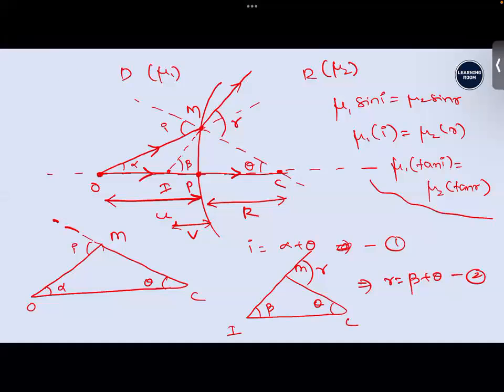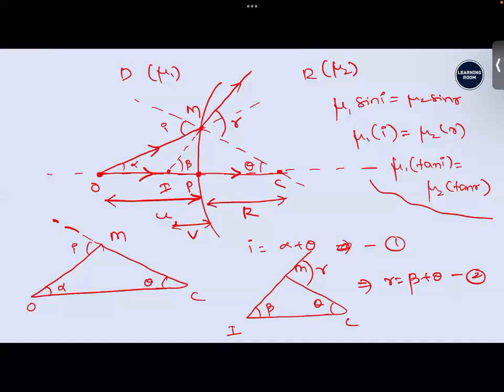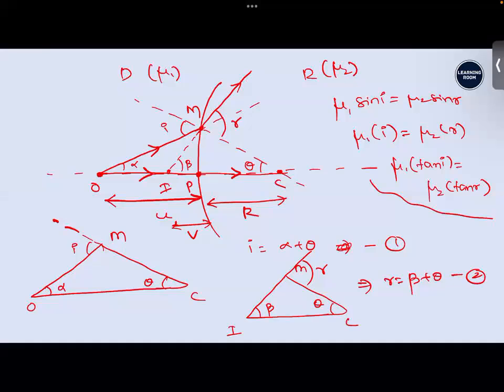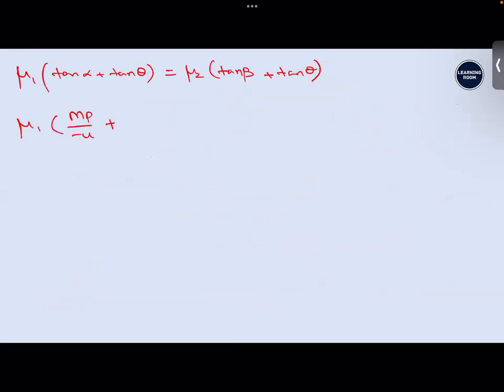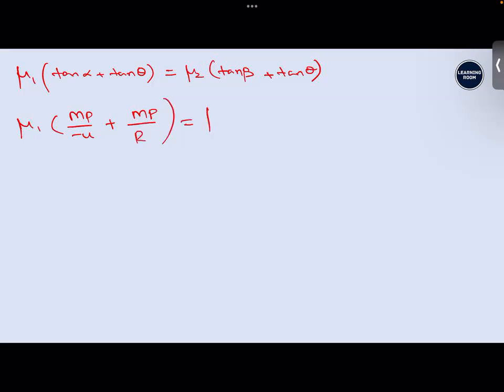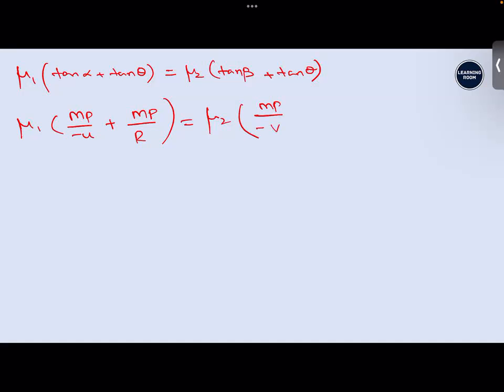So mu1 into tan alpha is MP by minus u, plus tan theta is MP by R. That's right. Mu2 into what is tan beta? tan beta is MP by minus v, plus MP divided by R. Okay. So remember this step, this is a very important one. I'll tell you the difference.